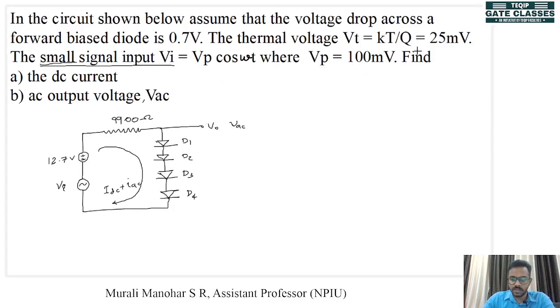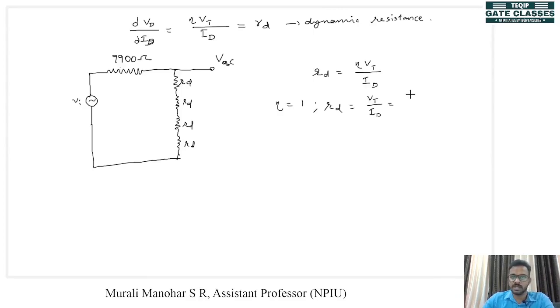It is given as 25 millivolt. For most of the problems, the thermal voltage at room temperature can be taken as 25 millivolt. It is a derived value. 25 millivolt. And what is the diode current? That is the DC current. It is 1 milliampere. So Rd will be 25 ohms, right? So there are 4 25 ohms here.